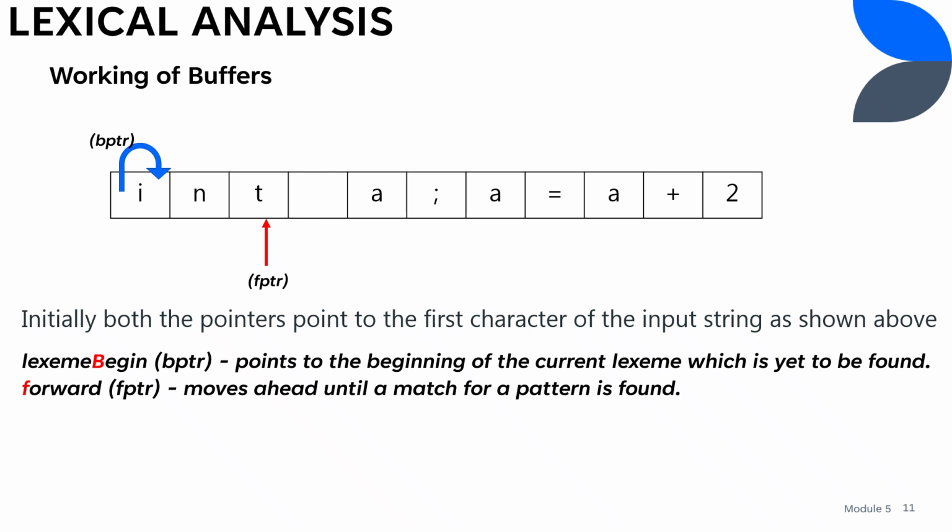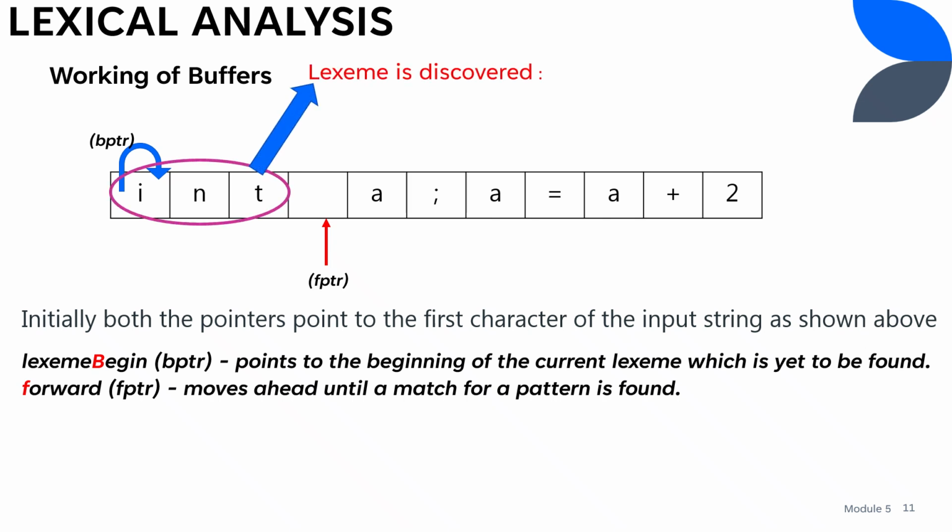Now int is considered to be a pattern which is matched, but to confirm whether int will fall into the category of keyword or the category of identifier, the F pointer will still move one more character ahead for its decision. Now it will observe that there is a space over here. Hence, it will say that a lexeme is discovered and the name of the lexeme that is discovered is int.